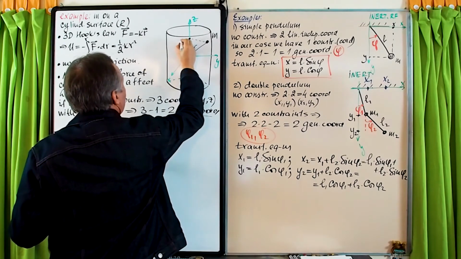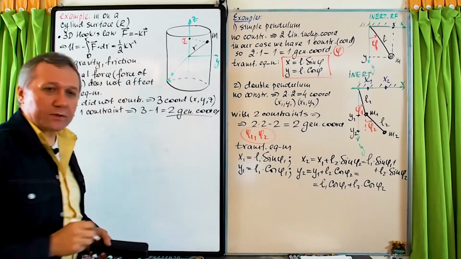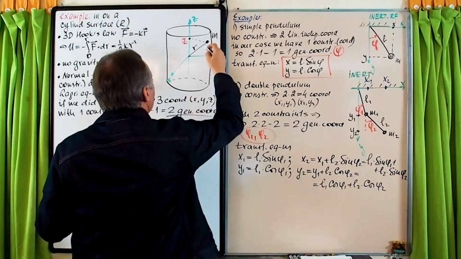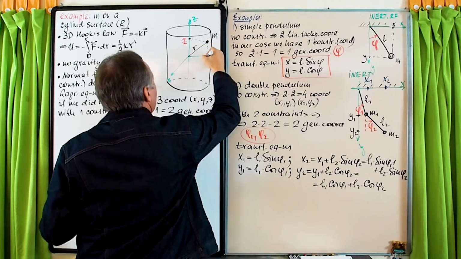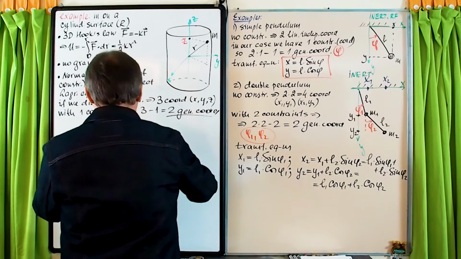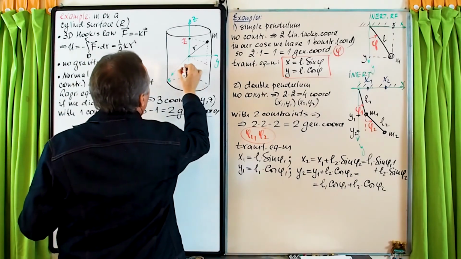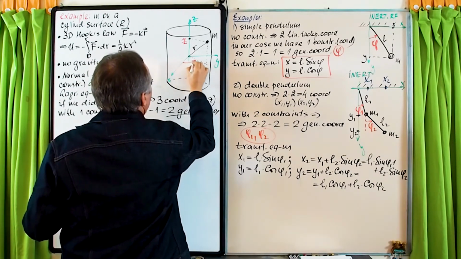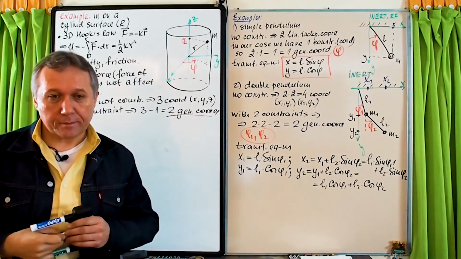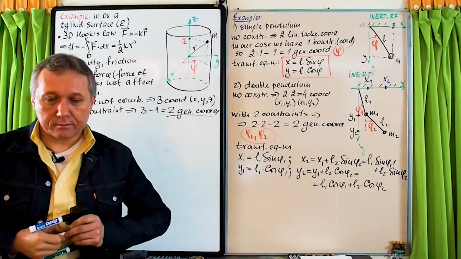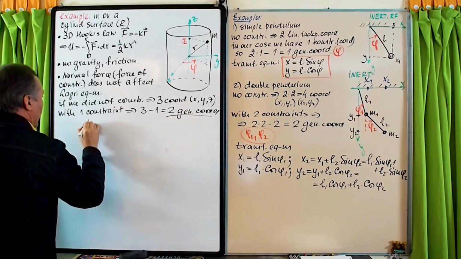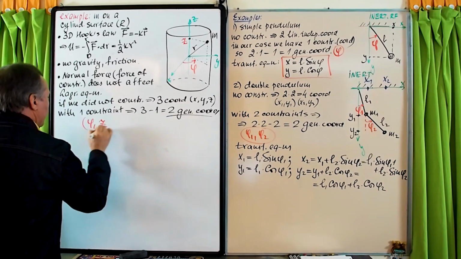So let's say this will be our first generalized coordinate, z. And then the angle phi. We can find it by dropping this, then this, right? And the angle phi is that. So these are our generalized coordinates. Two generalized coordinates, phi and z.